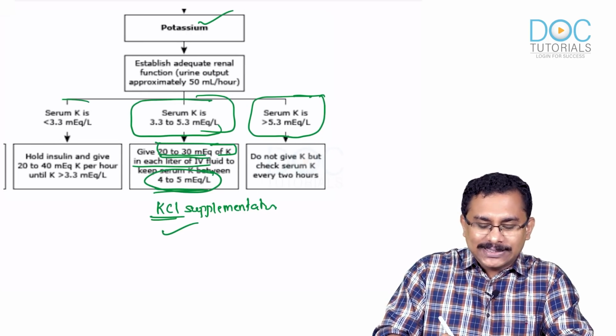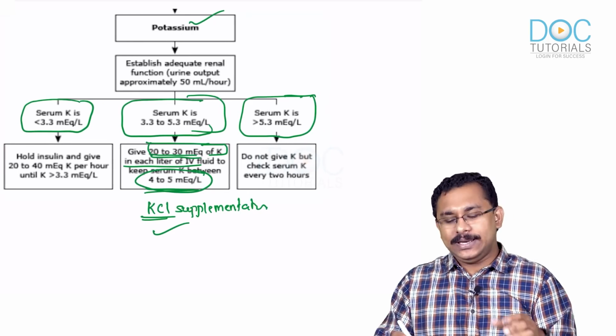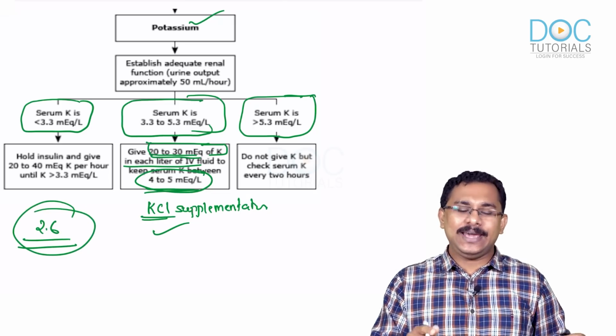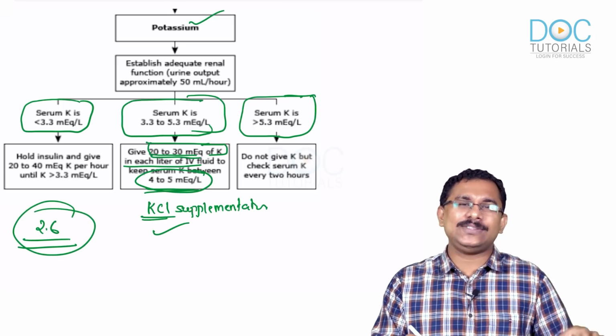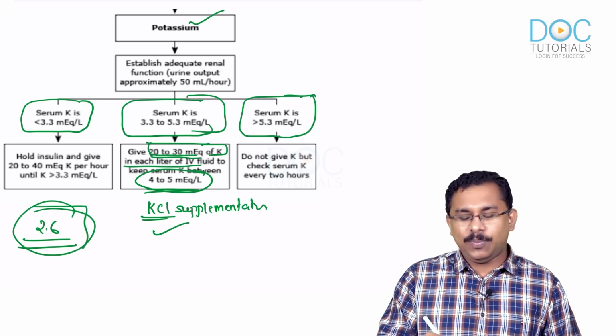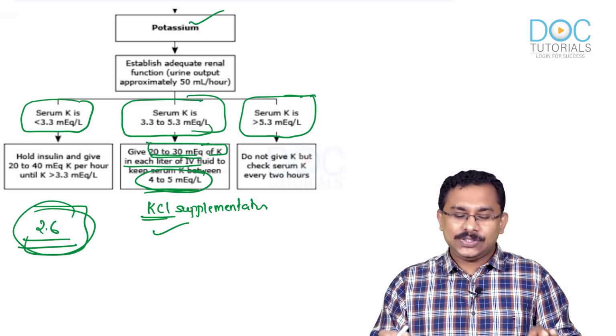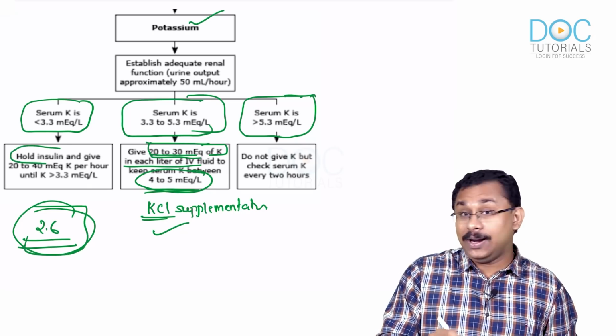Now, what if the potassium at one point of time is around, say, 2.6? Suppose you are managing a DKA patient and you are giving insulin infusion. You see that at one point of time, your potassium level is 2.6. Remember, stop your insulin infusion temporarily.